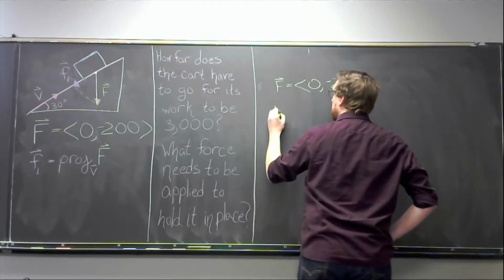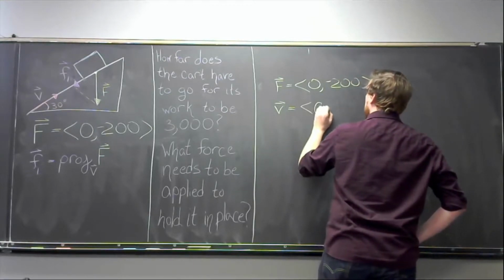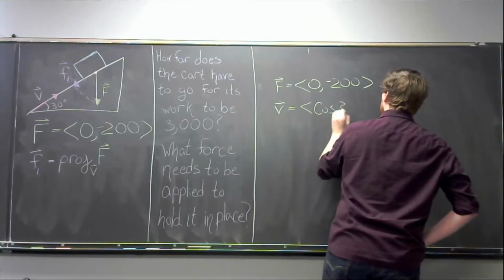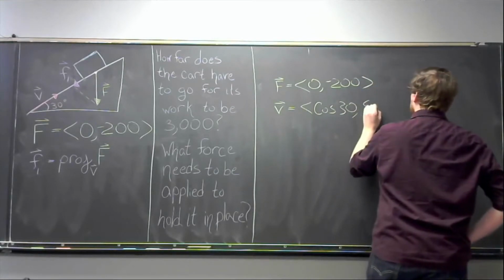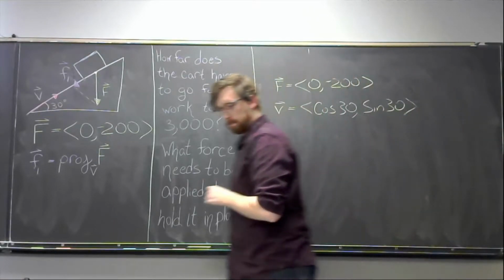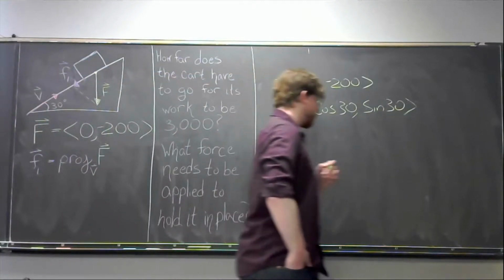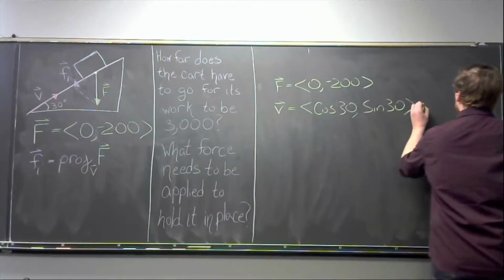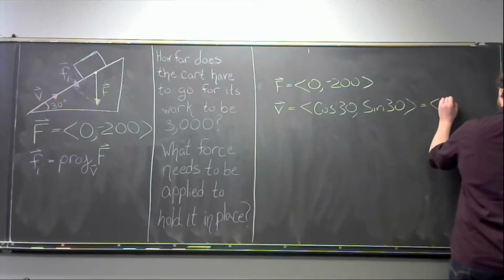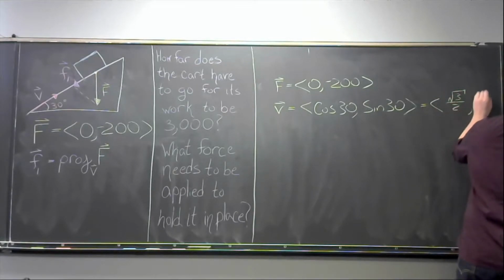And we know V is equal to cosine 30, sine 30, which is equal to the square root of 3 over 2, comma 1 over 2.